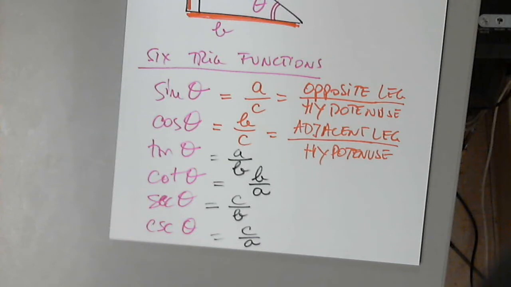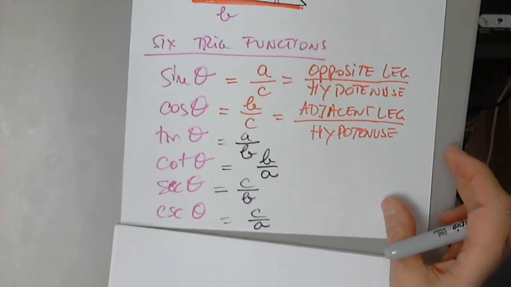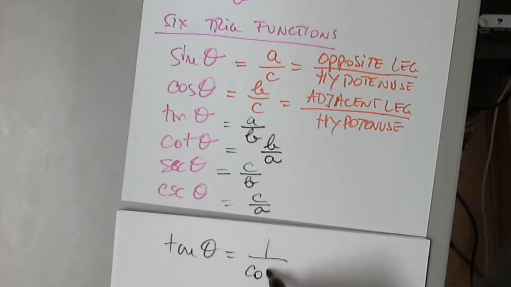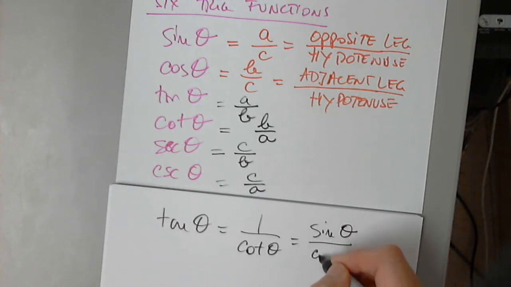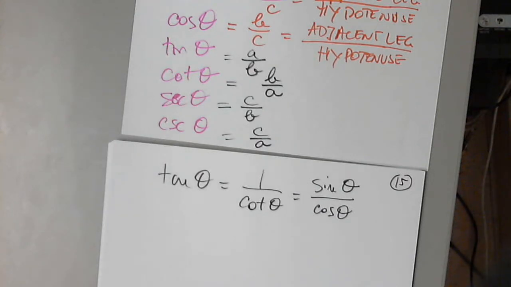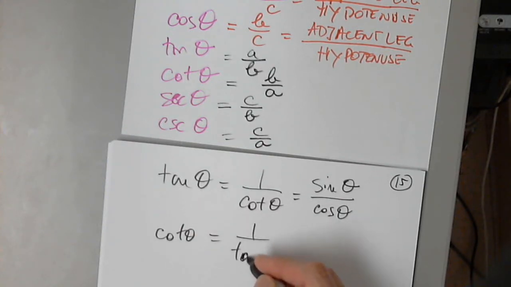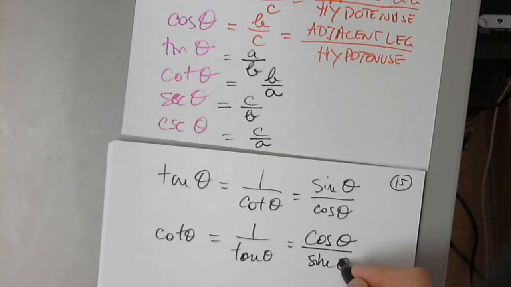Now the relationships between the trig functions. Tangent theta is 1 over cotangent theta, and also is sine theta over cosine theta. Of course, cotangent theta is 1 over tangent theta, and also cosine theta over sine theta.